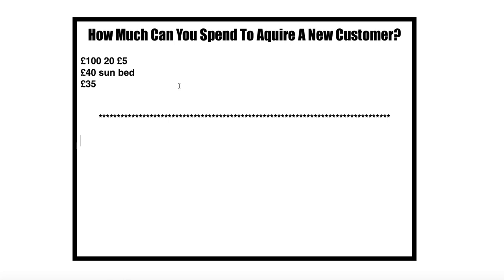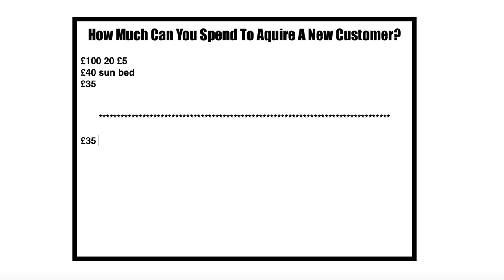So we've got this figure up here: spending £5 per customer, and we get £35 profit back. If we worked out the lifetime value of a customer, let's say £35 is the initial sale.